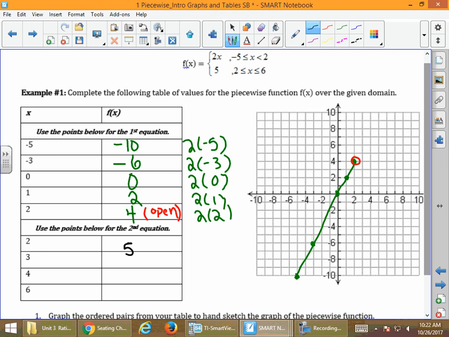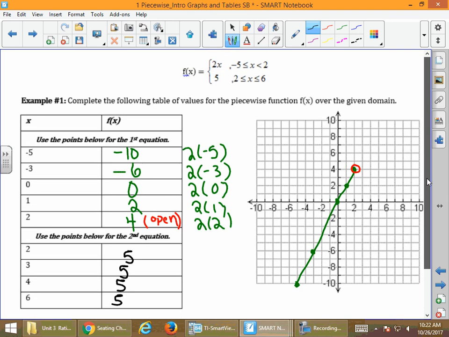When we put 3 back into our second equation, we get 5. And when we put 4 back into our second equation, we get 5. And when we put 6 back into our second equation, we get 5. We don't have a variable to put back in there. So no matter what value we pick, every single time we're going to get out of that function of 5.